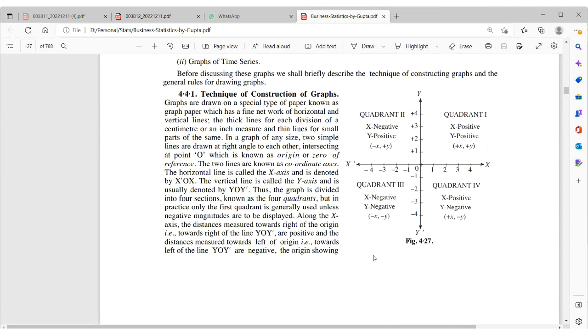See, a diagram is different from a graph. Now see this graph. The x-axis is a horizontal line, and the vertical line is the y-axis. We call the right side the positive x-axis, the left side the negative x-axis. Similarly, above this is the positive y-axis and below this the negative y-axis.